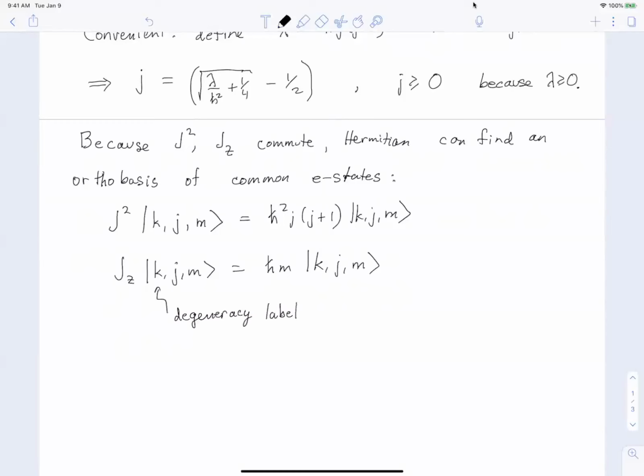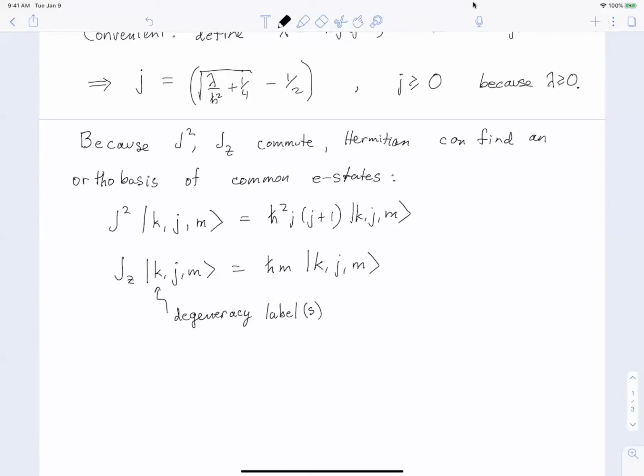There might be lots of states that have the same j and m. It depends on the problem. So these are degeneracy labels. Depending on the problem, I might actually need more than one label to distinguish the different states that have a specific j and m.